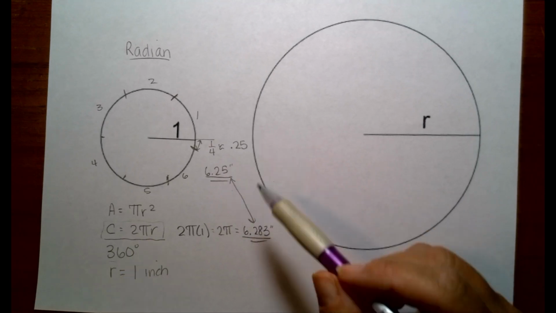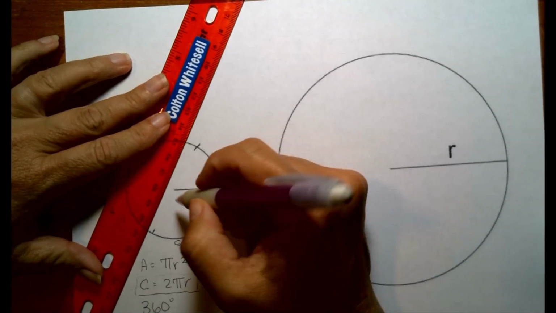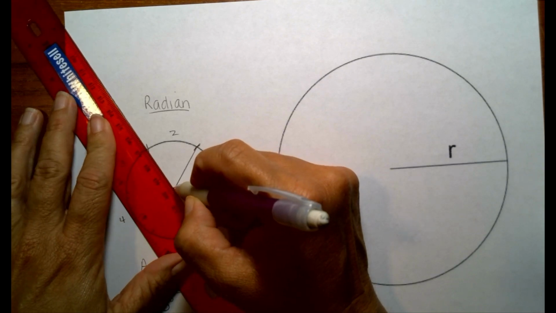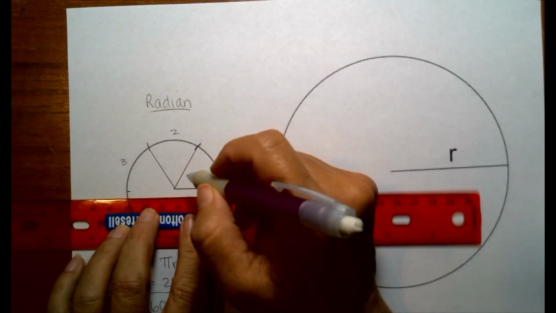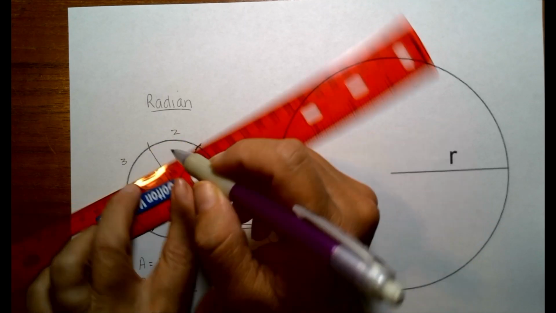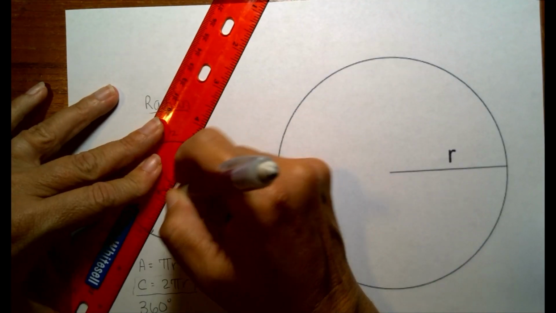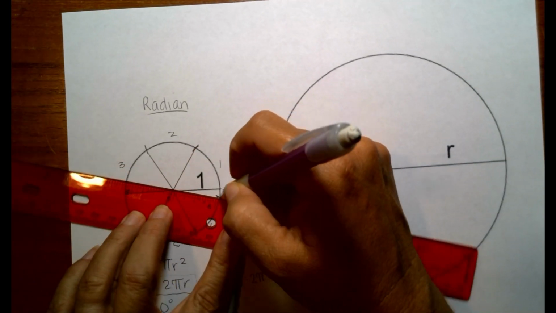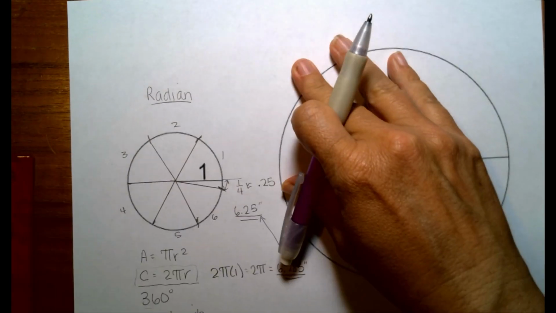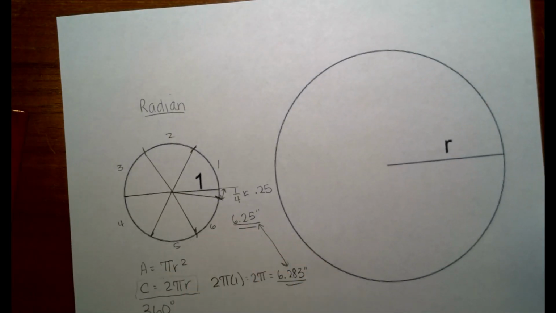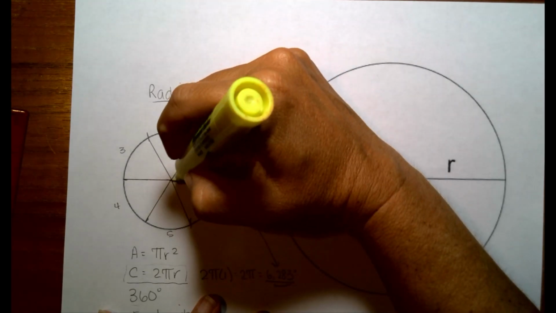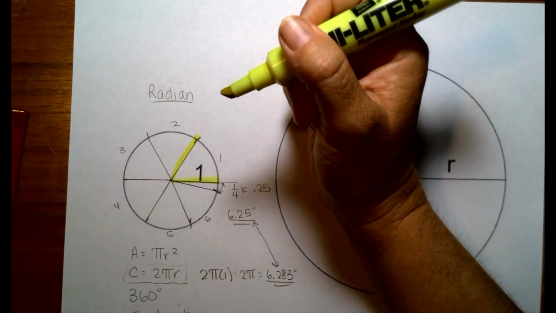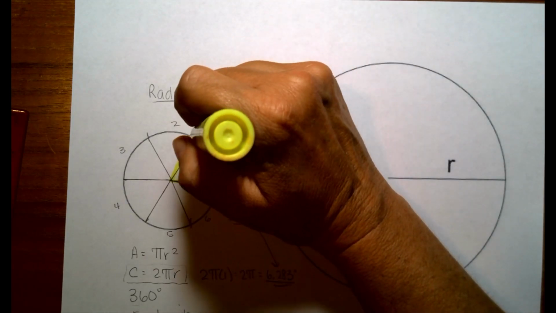Now I want to look at it a little bit differently, and from the center of my circle, I'm going to draw all of these radii to wherever they met up on the outside of my circle. Okay, so here's what I have. What I know now is that this is a radius of 1, and this is a radius of 1, and because I used the string, this is also a radius of 1.